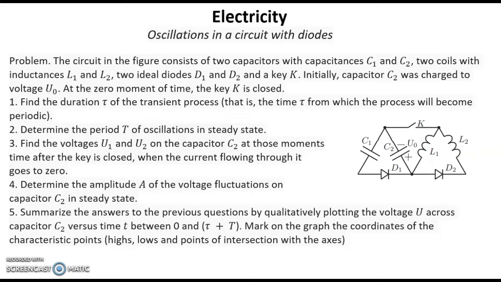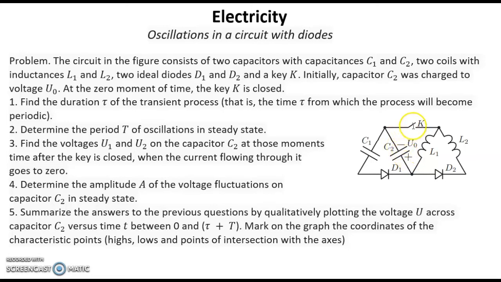So, solution. First, let's analyze the situation before K is closed. Capacitor C2 has a charge, and the voltage on it is U0, positive on the lower side and negative on the upper side.